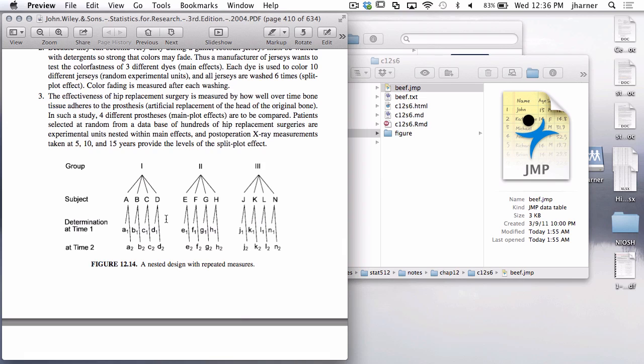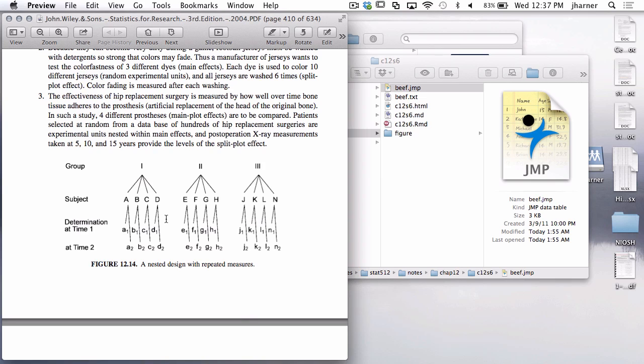So, for example, if the subjects are actually people, and the groups are actually treatment types, and then I make measurements over time to see if there's a change, then if I have covariates measured on the patient, for example, their weight, things like that, those would be covariates measured on the whole plot, or in this case, the subjects.